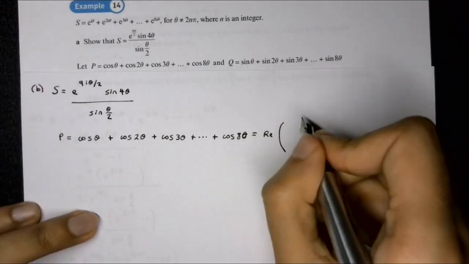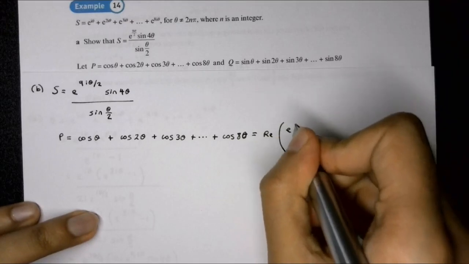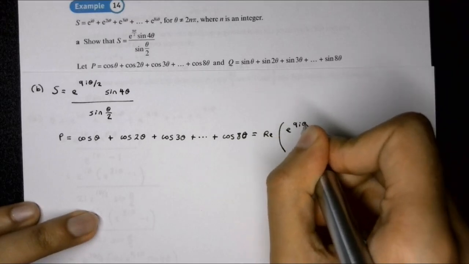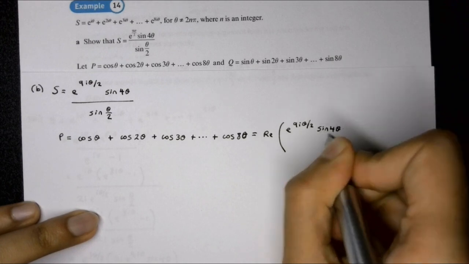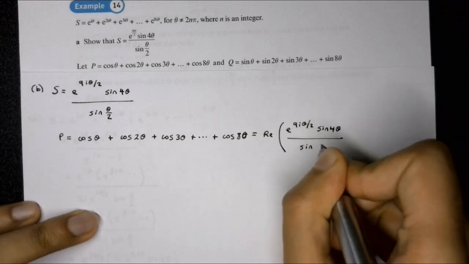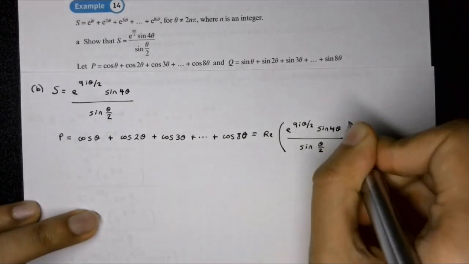So we're looking at the real part of e to the 9i theta over 2 times sine 4 theta over sine of theta over 2.